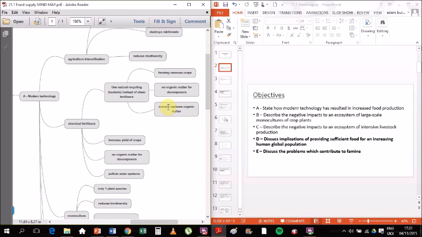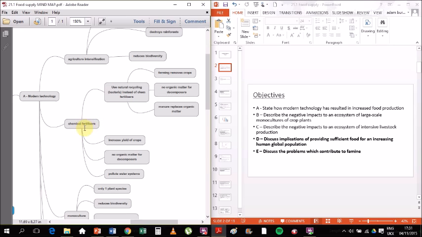We could use manure, which is really good, because it increases the amount of nutrients in the soil, but also has a lot of other jobs, like making the soil more water absorbent, which reduces flooding. So manure is a really good thing to use, and it's pretty much as good as chemical fertilizers, but chemical fertilizers are just that bit better.